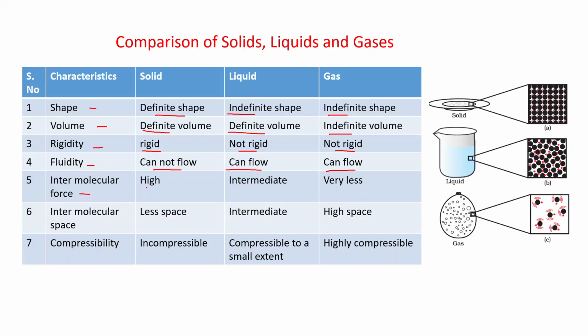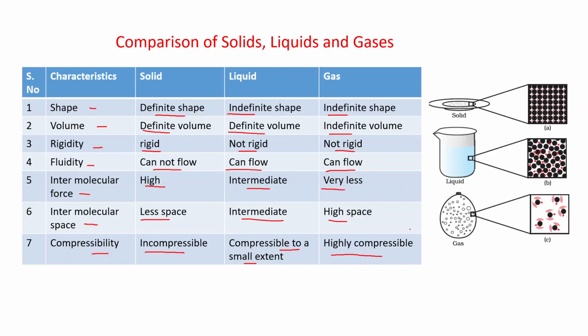Intermolecular force in solids is very high, in liquids intermediate between solid and gas, and in gases very less. Intermolecular space: in solids less space, in liquids intermediate between solid and gas, and in gases high space. Compressibility: solids are incompressible, liquids are compressible to a small extent, but gases are highly compressible.